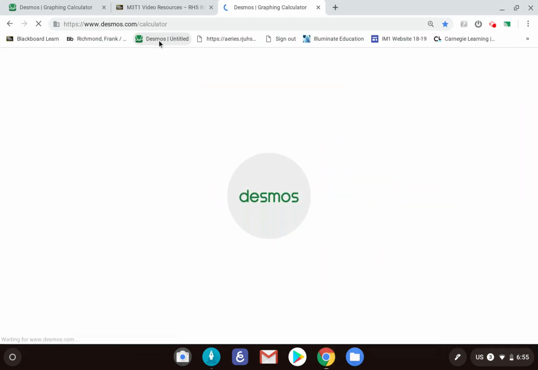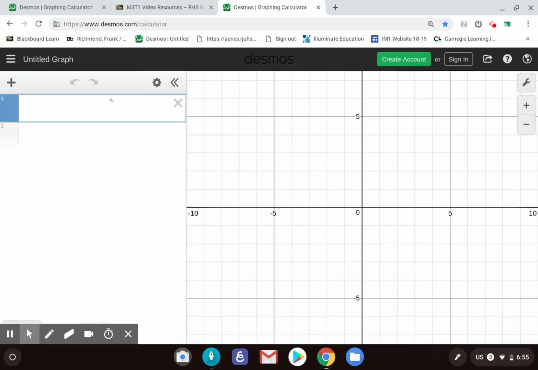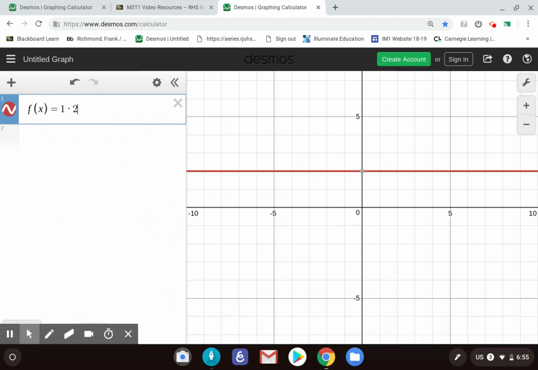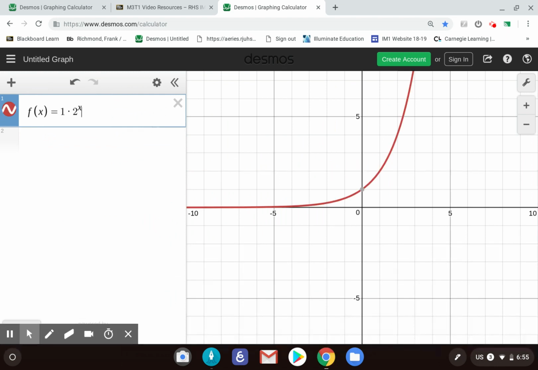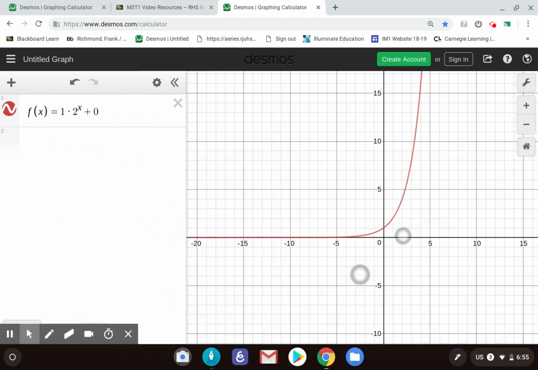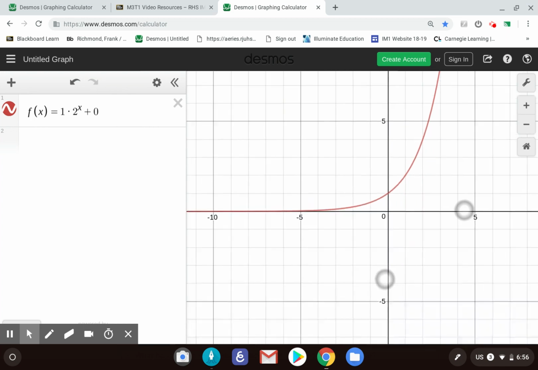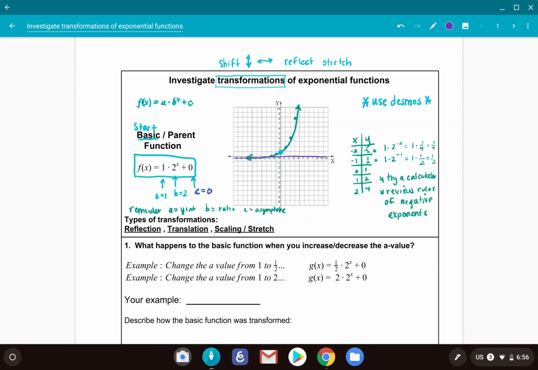I'm going to graph our parent function. Whoops, I accidentally changed my exponent. Sorry about that. All right, and you can see it matches what we got on our graph right here.